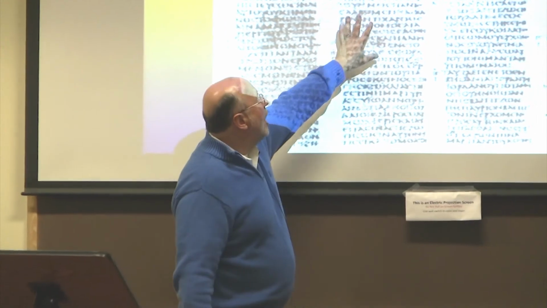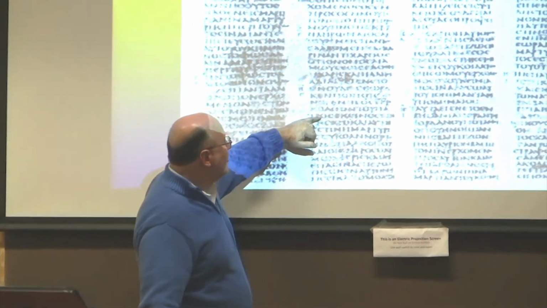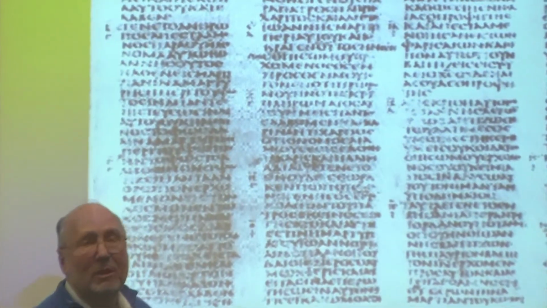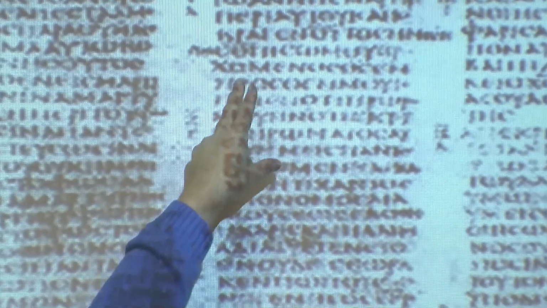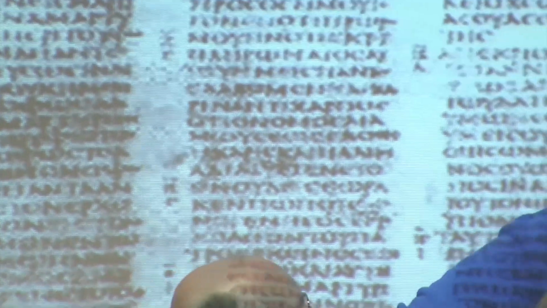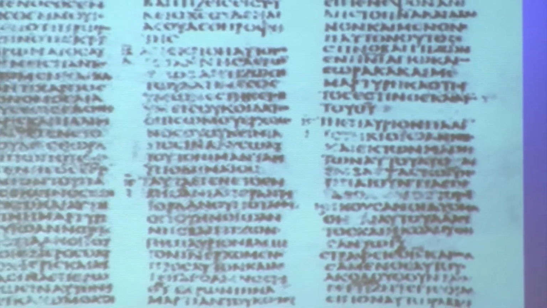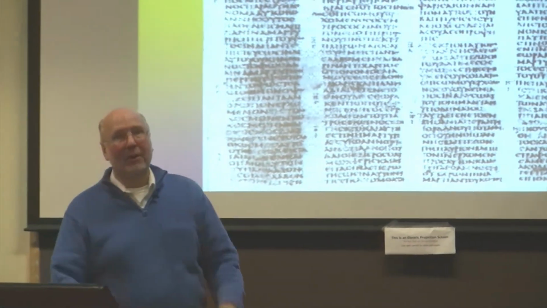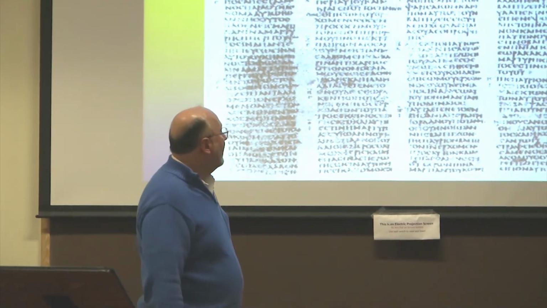But do you see that this is an uncial manuscript? Can you see that it's all capital letters, and there are no spaces between the words? They're all run together. If you read this, here's the word heoraka, which means "I have seen," and he goes on. You can read it, but you have to know that there are no divisions between the words, so you have to break it up in your own head when you read it.